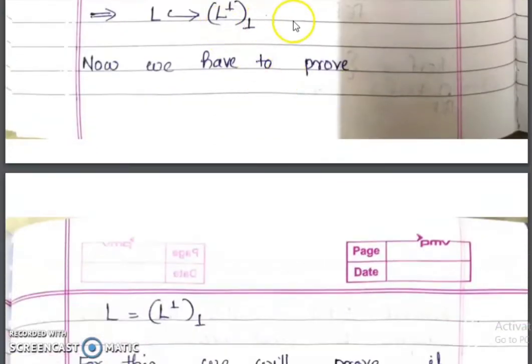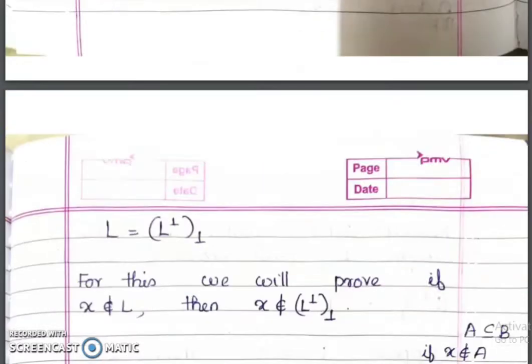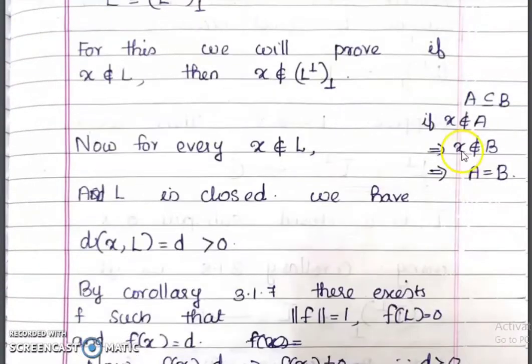L is a subspace of X. Therefore, L perp is also a subspace. Now we have to prove L is equal to L perp. For this we are going to prove if x not belongs to L, then x not belongs to L perp. We have already proved L is a subset of L perp.